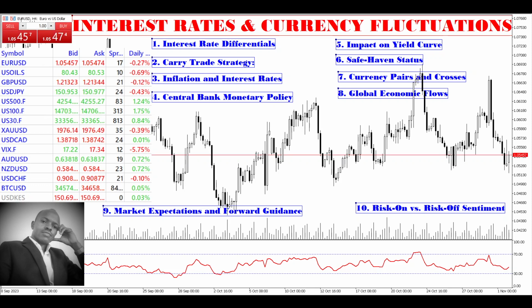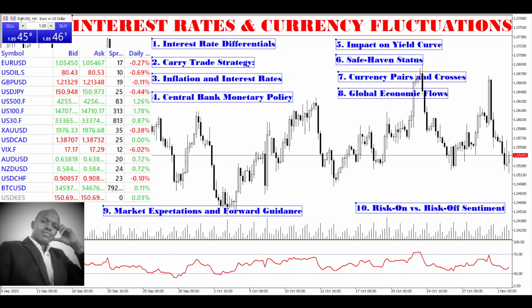The next item is inflation and interest rates. Usually, inflation erodes the purchasing power of a currency. Central banks tend to raise interest rates to combat high inflation. As a result, a country with lower inflation and higher interest rates is likely to have a stronger currency.